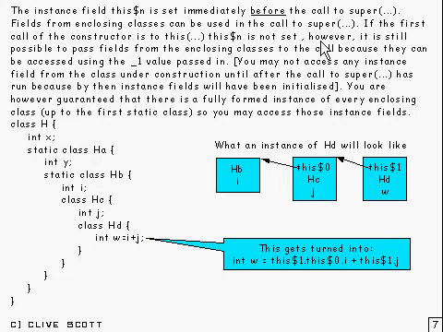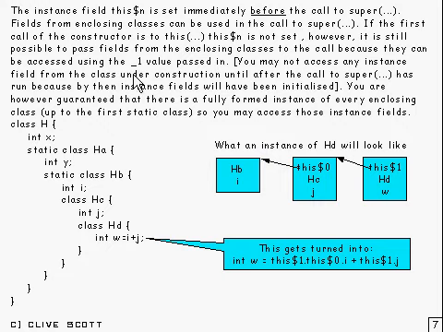It's simply passed on to the next constructor in the chain. However, it is still possible to pass fields from the enclosing classes to the call because they can be accessed using the _1 value passed in.